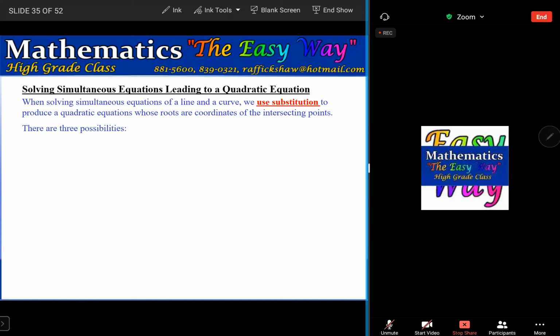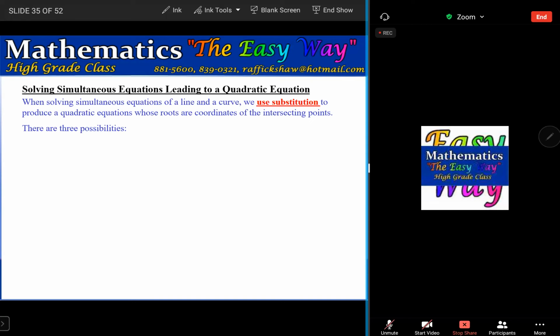All right, so when solving simultaneous equations of a line and a curve, we use substitution to produce a quadratic equation. So remember, when we use substitution, we're going to end up with a quadratic equation whose roots, the answers that we get when we solve it, are the coordinates of the points of intersection. All right? And there are 3 possibilities for your syllabus.